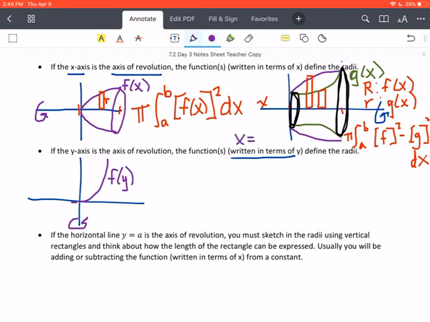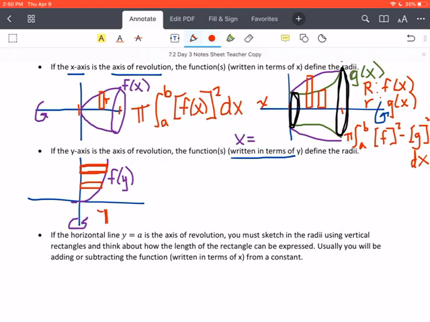Okay, and from here, when I draw and think about the radius, I'm drawing it from my axis of revolution. Always go to your axis of revolution and think about, okay, what is the height of these rectangles in here? It's going to be defined by the value of the function when I plug y in, whatever I get out for x. So in the disk case, there's only one r to worry about. So what is my integral going to be?